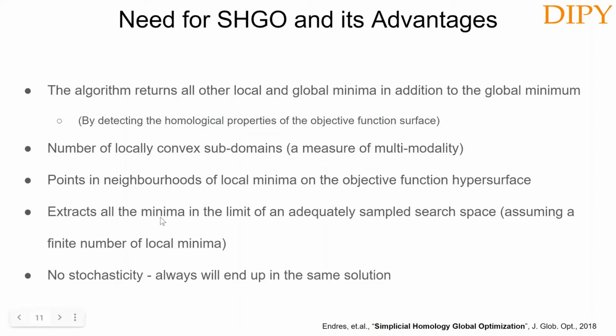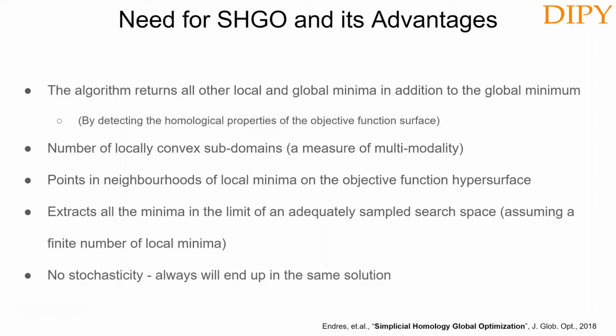And it also detects neighborhoods where the local minima are. It extracts all the minima. So basically, if you feel that your model is not performing well, you can go to a particular voxel or to a particular region and see what is really going on.